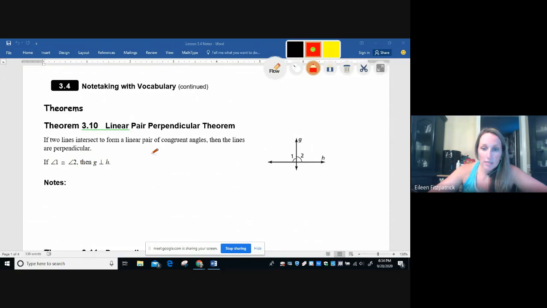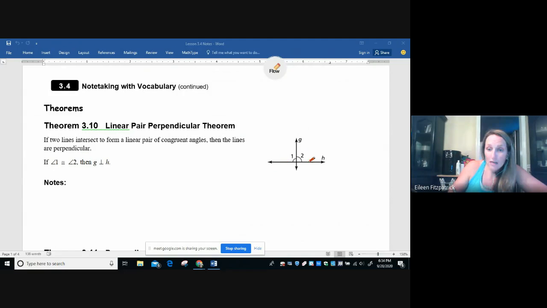All right, so it says if angle 1 is congruent to angle 2, then this line G is perpendicular to this line H. And that's because if we have a straight line, we know the two angles have to add up to 180 degrees, right? And if those two angles are equal, then that means they're both 90 degrees, right? 180 divided by 2. And if they're 90 degrees, that means it's a right angle. And if that's a right angle, that means that the lines are perpendicular.